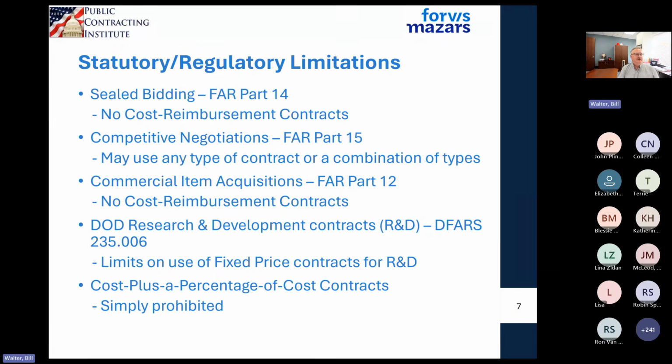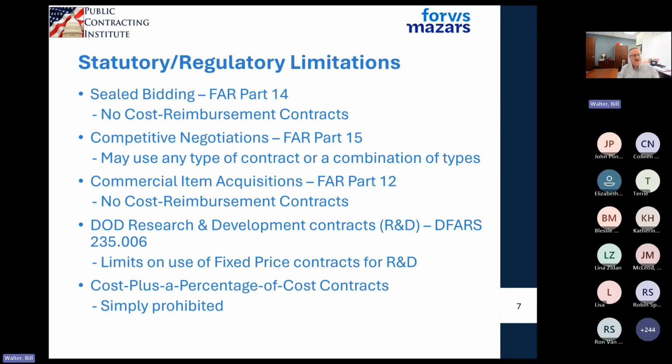The DOD, whichever one we go with these days, they did have some issues many years ago where they were trying to issue fixed price research and development contracts. The fixed price research and development contracts ran into a challenge. And one of the court cases with the A-12 program, the Avenger, took, I think it was close to 30 years to get resolved in the courts with the termination for default.